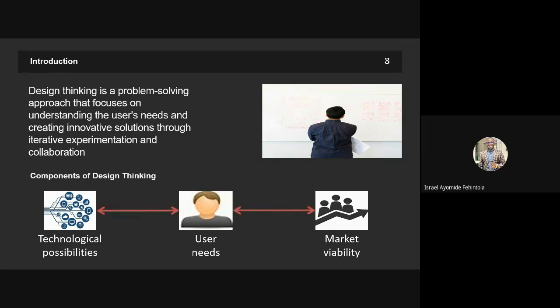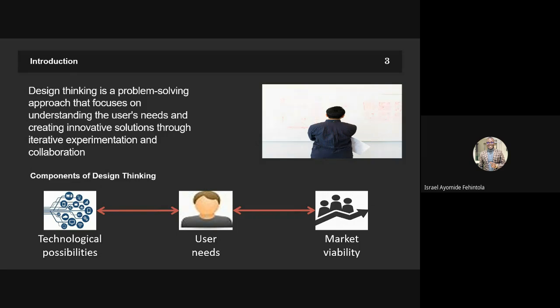So now, these three components actually work together. But at the core of the three components is the user needs, just like I mentioned earlier. The most important factor is the need of your users. But when applying design thinking, you consider first your user need, market viability, and technical possibilities.